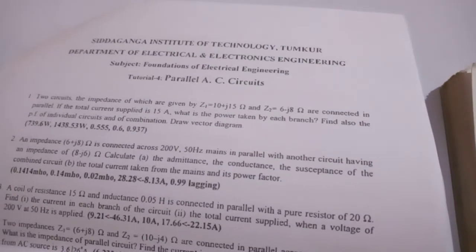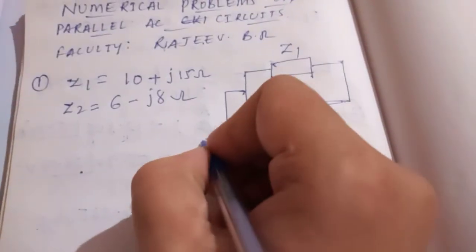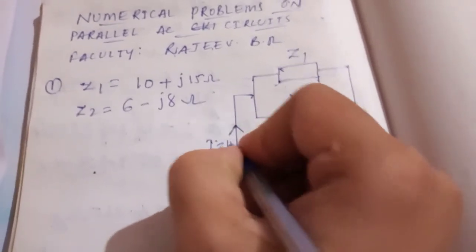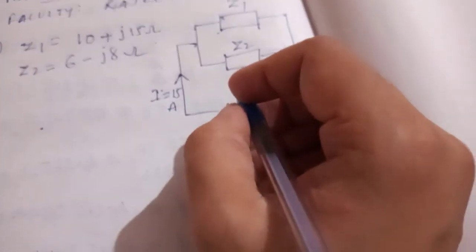If the total current supplied is 15 amps, so the total current I is equal to 15 amps.